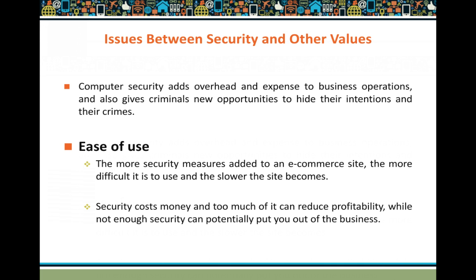Whenever we want security measures adopted, there is an extra overhead, an extra expenditure incurred by the organization to implement security. So computer security is often an overhead, an expense to business operations, and it also gives criminals new opportunities to hide their intentions and their crimes.